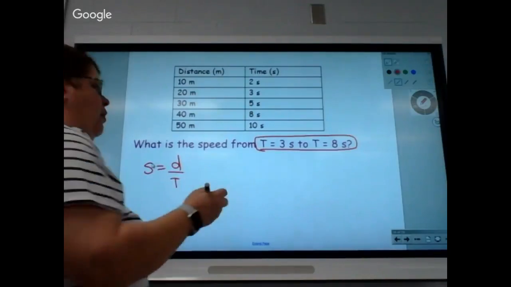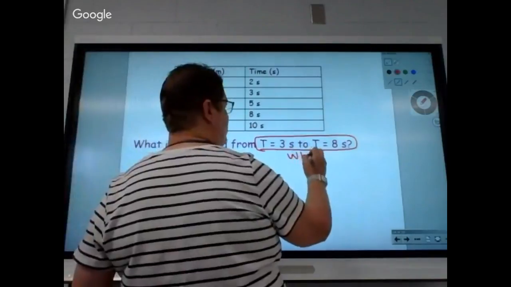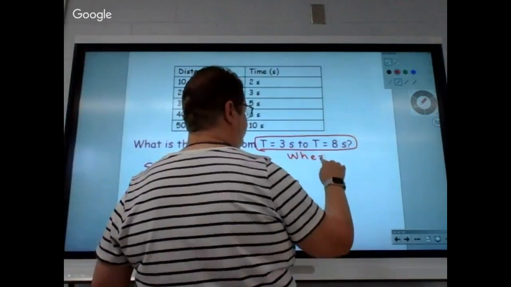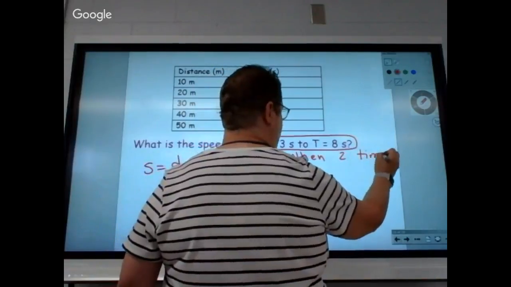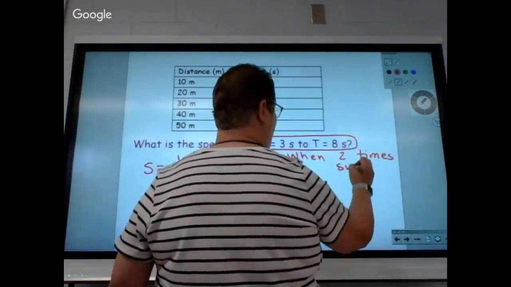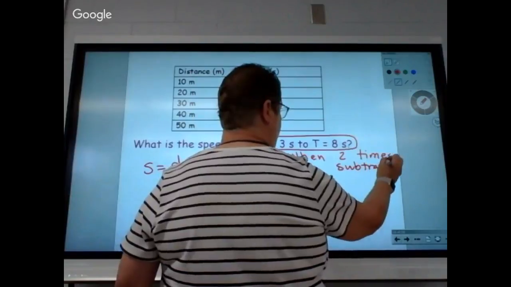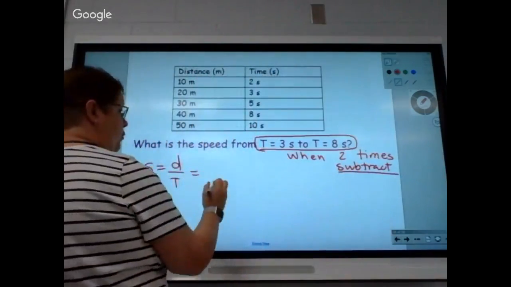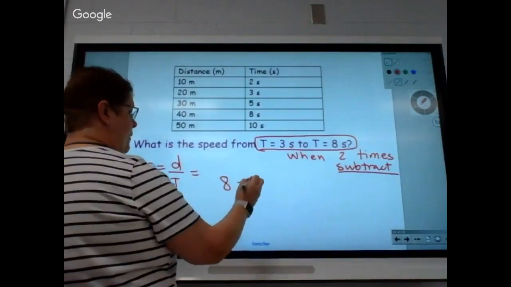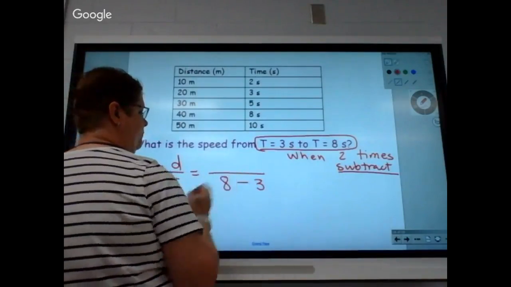So, when you have 2 times, you subtract. Down here at the bottom, we're going to have 8 seconds minus 3 seconds.